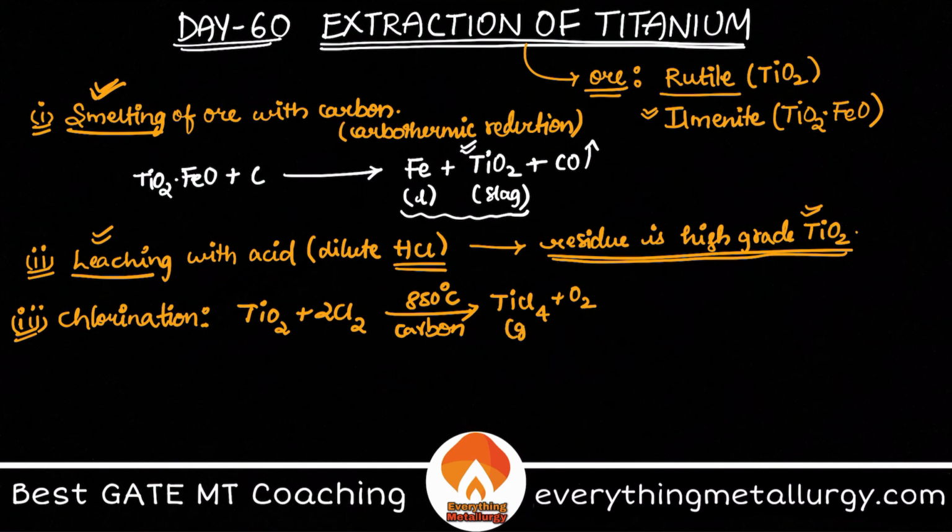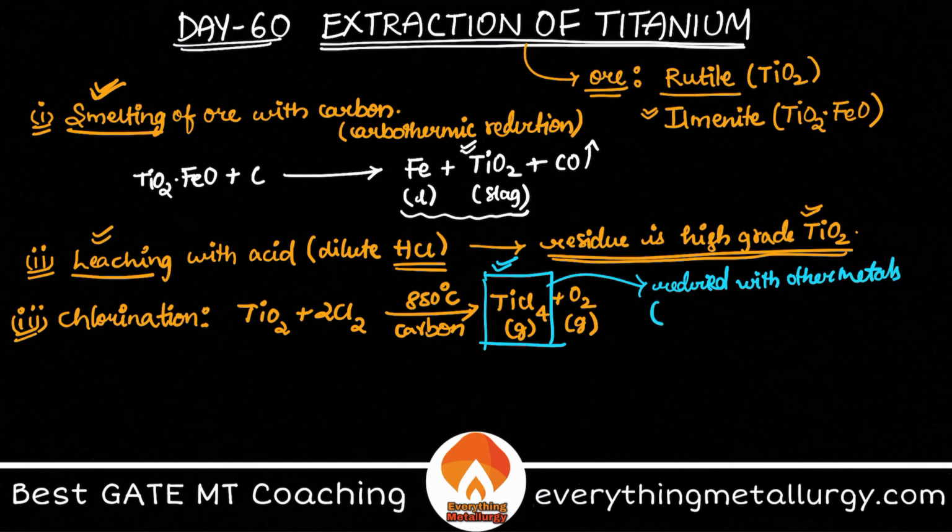I get TiCl4 vapors, and these vapors are important for me because in commercial, economic processes, this can be reduced with other metals. That is, metallothermic reduction of this TiCl4 can be done.